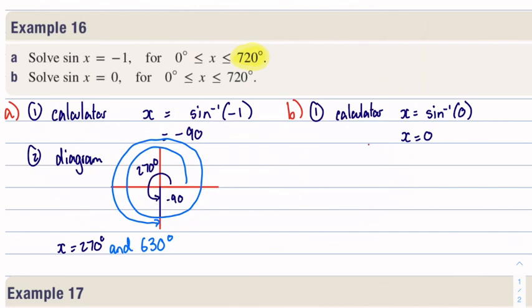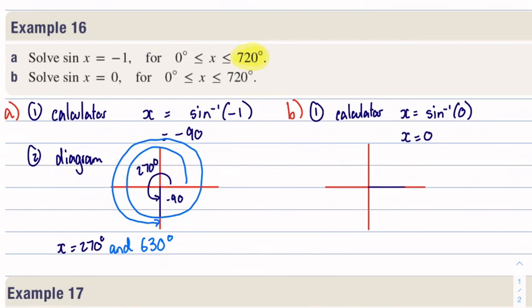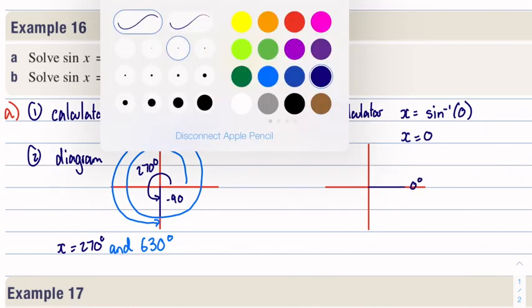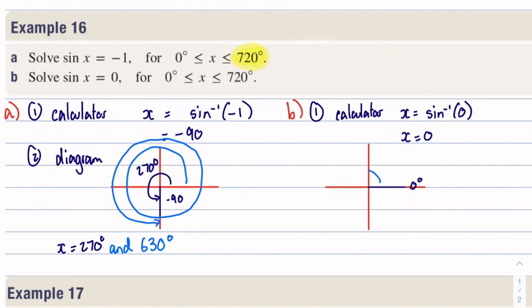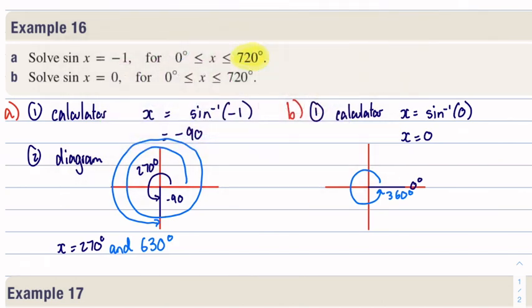If we draw that in our diagram, yeah, x equals 0 is fine, it's here. But we could have also gone around all the way and gotten 360 degrees. There's another one, because they said between 0 and 720.